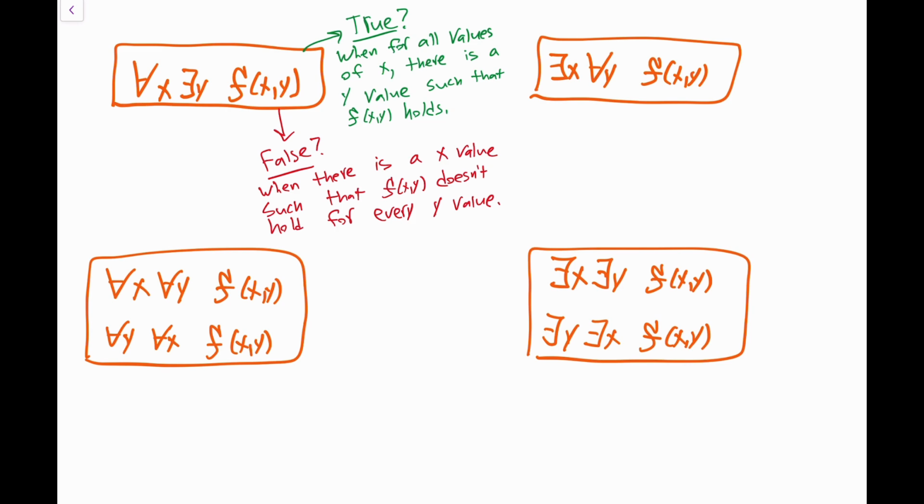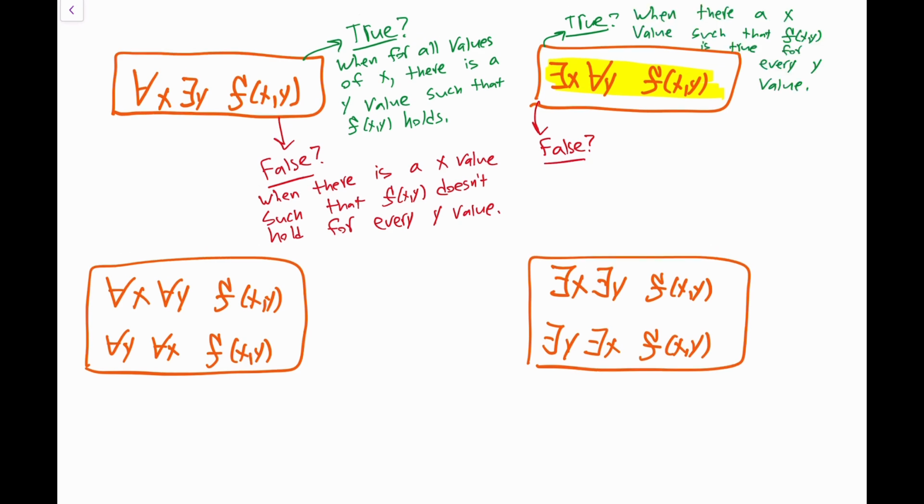And what about this? There exists an x such that for all y, f of x, y. So when is this true? And when is this false? It would be true when there is an x value such that the function is true for every y value.